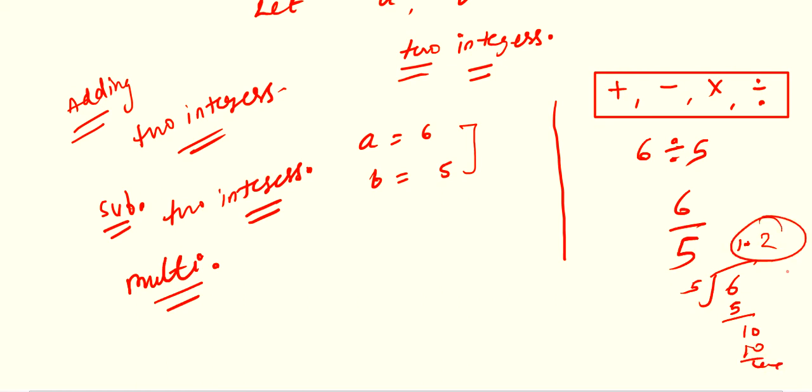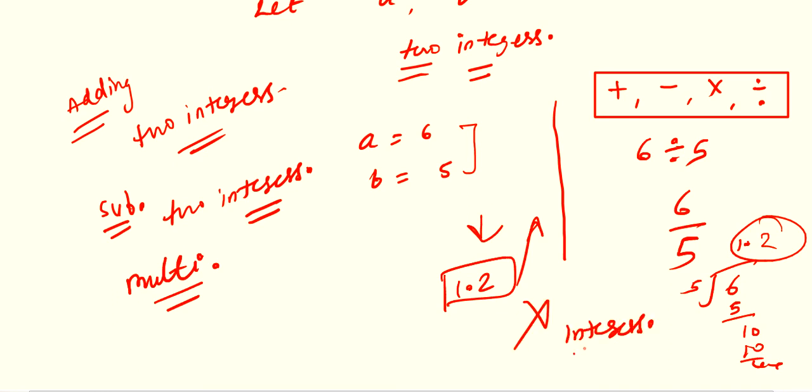Our quotient, our answer, is 1.2. As I explained at the start of this chapter with some examples, decimal numbers are not counted as integers. So what about this condition? If we divide, we get 1.2. We are not going to get another answer here. So 1.2 is not an integer.